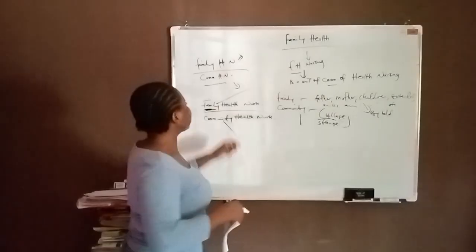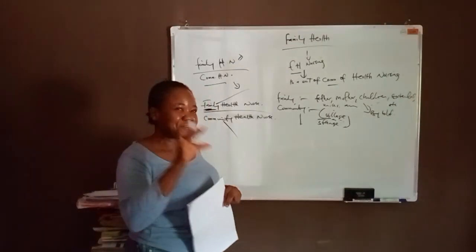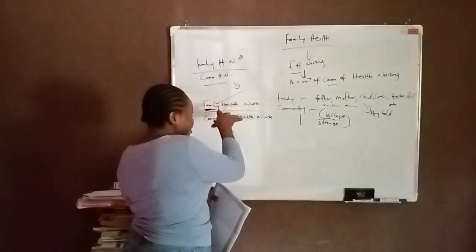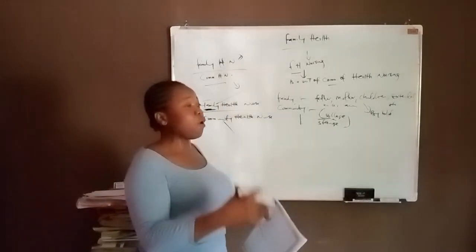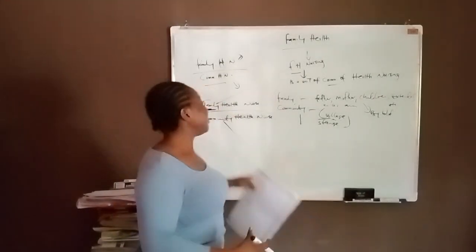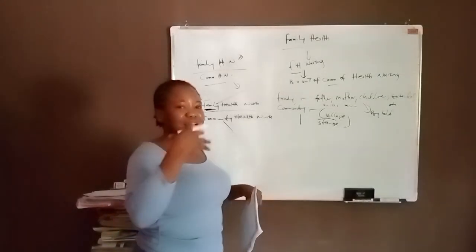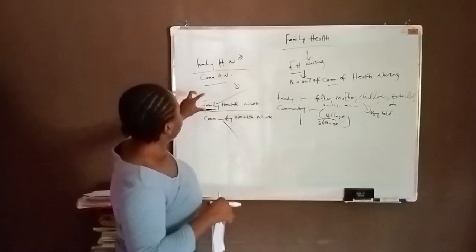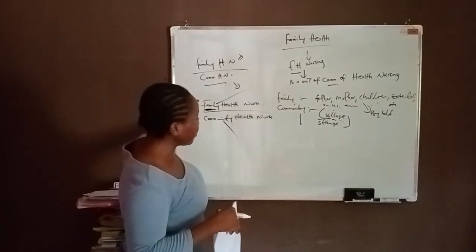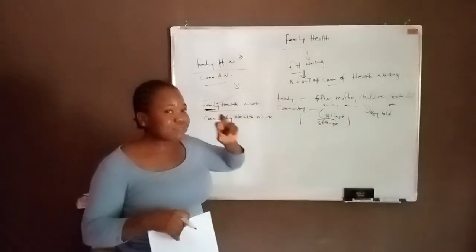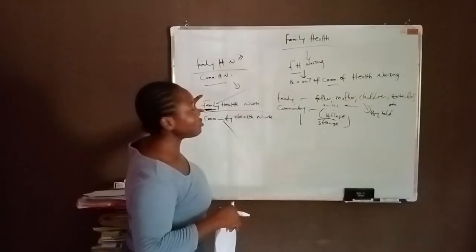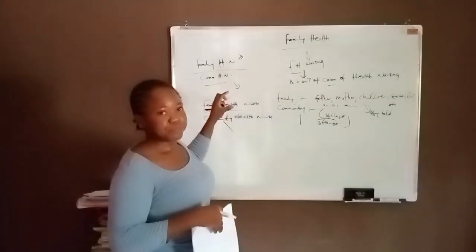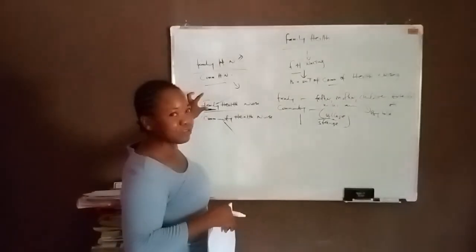But the family health nurse has a specific role to make sure the family is treated well and gets the benefit of healthy living. Its responsibility is to care, manage, and plan for the family, and to be responsible for the health of the family.